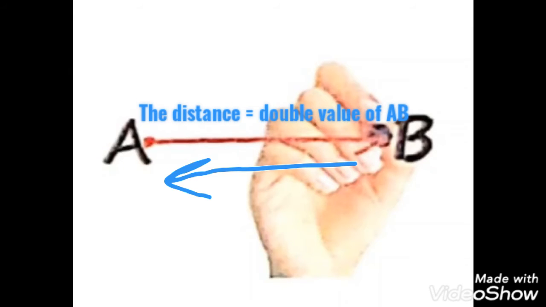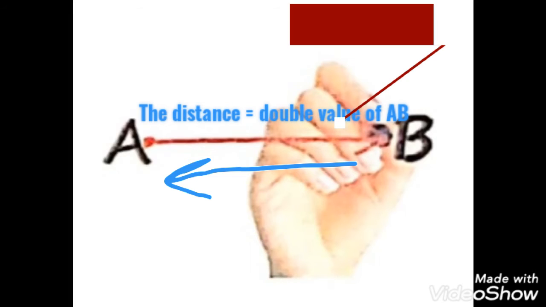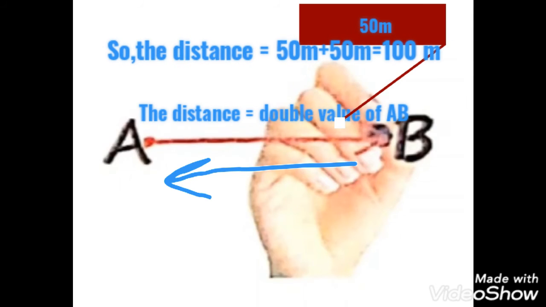For example, it moved from A to B for 50 meters, and then it returned back. So the value of the distance equals 50 meters plus 50 meters, equal to 100 meters.